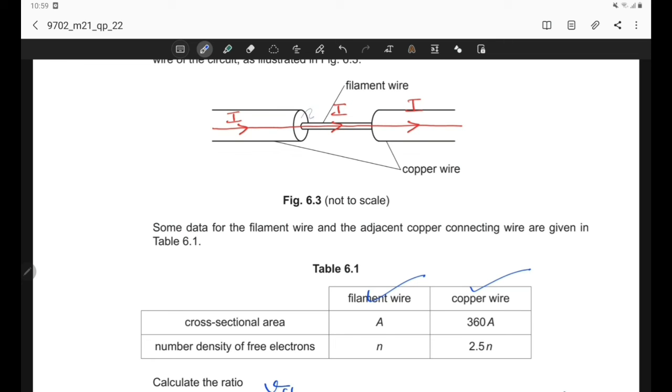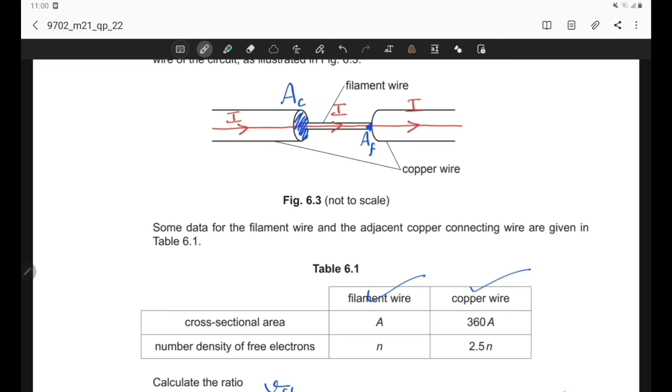But the area of cross section of copper and the area of cross section of the filament wire are different. So we can use different symbols. For area of cross section of copper we can use AC, and for the area of cross section of the filament wire we can use AF. And the number density of the free electrons for copper and filament wire are also different because it completely depends upon the material.